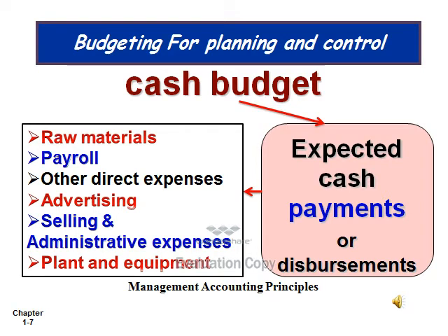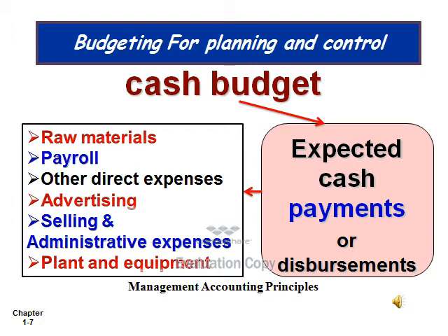On the other hand, the expected cash payments or cash disbursements are raw materials, payroll, other direct expenses, advertising, selling and administrative expenses, and plant and equipment.